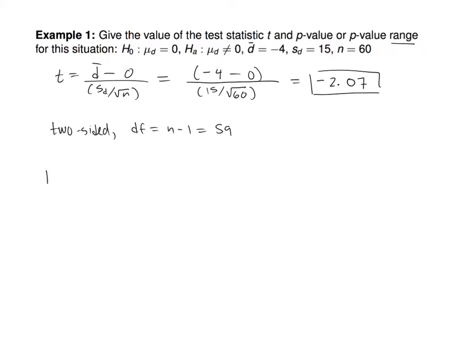So our p-value is between, what is p on the smallest end? Or biggest, either one? 0.025, that would be the biggest it would be, right? How about the smallest? 0.012.